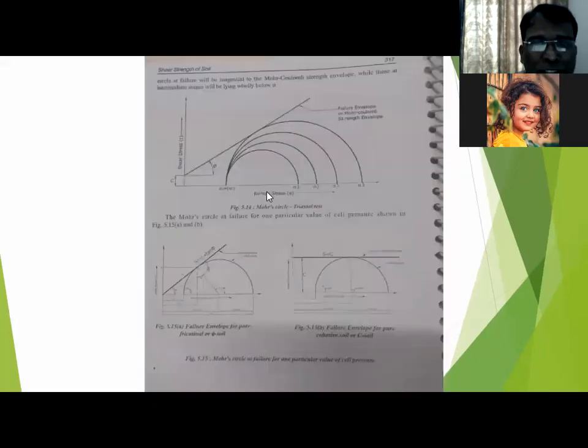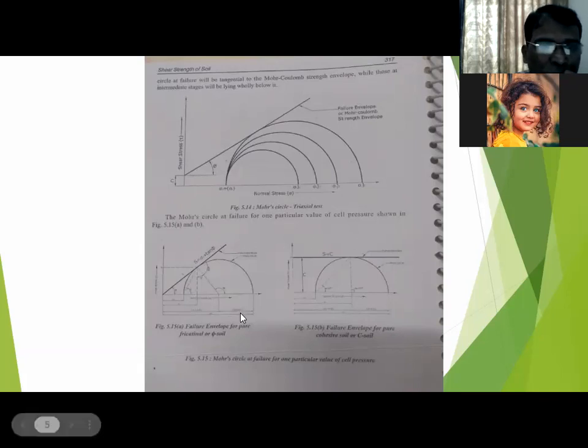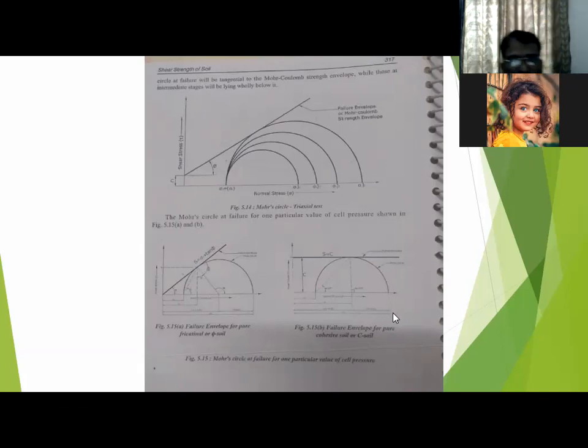So this is the Mohr circle for different, I mean, the Mohr circle for one particular cell pressure shown in figure A and B. Pure frictional, ये phi के लिए Mohr circle ऐसा रहता, और ये C के लिए ये horizontal रहता, यहाँ पर ये origin से pass होता, same है। Here we consider pore water pressure.